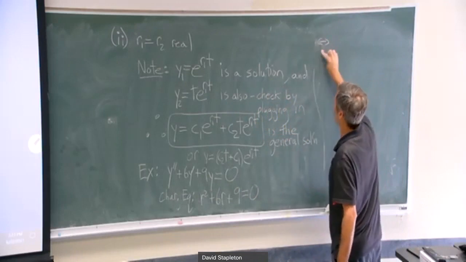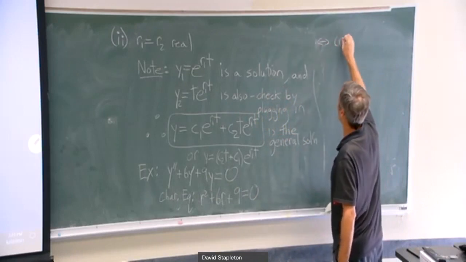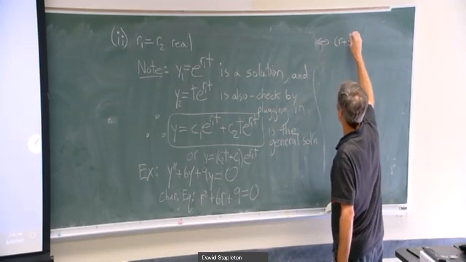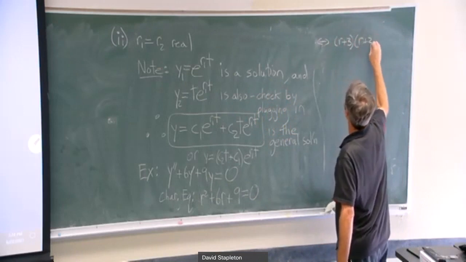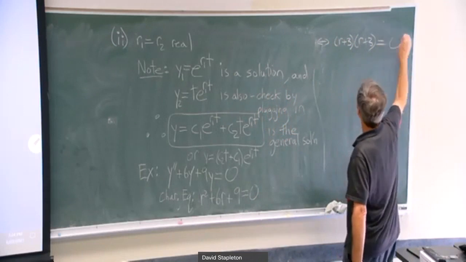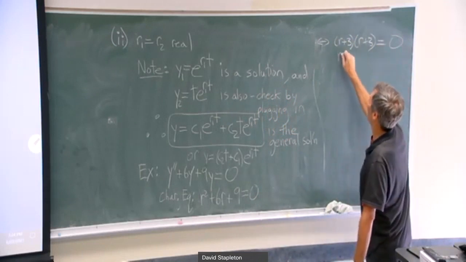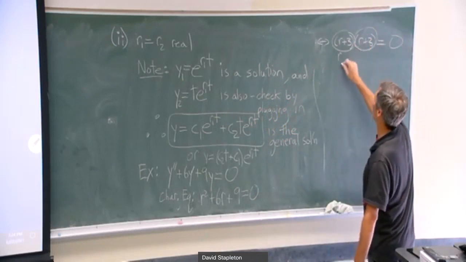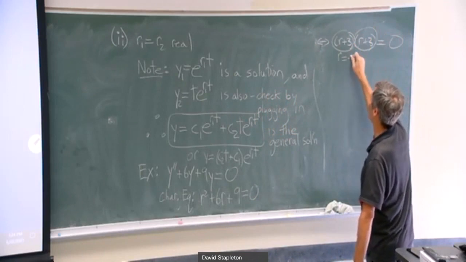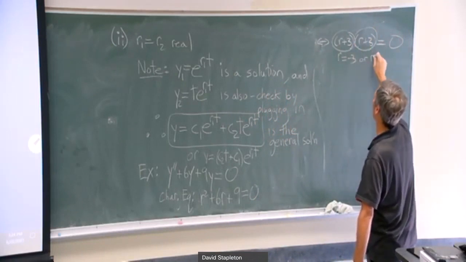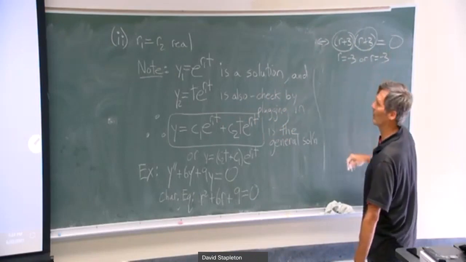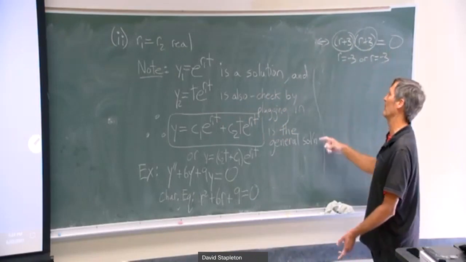This is equivalently, by factoring again, since it's easy, R plus 3 times R plus 3 equals 0, which says that either this is 0 or this is 0. So either R is equal to -3 or R is equal to -3 again. There's only one solution. Remember the quadratic formula would show you that too.